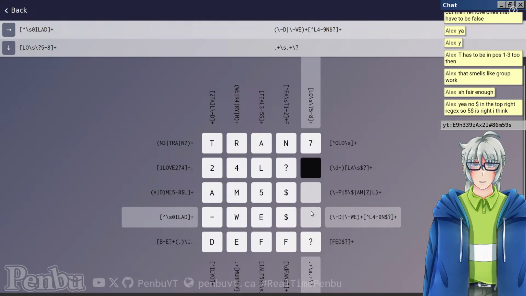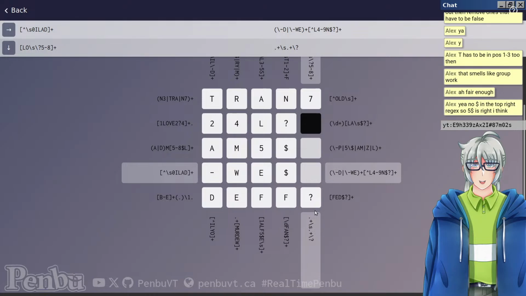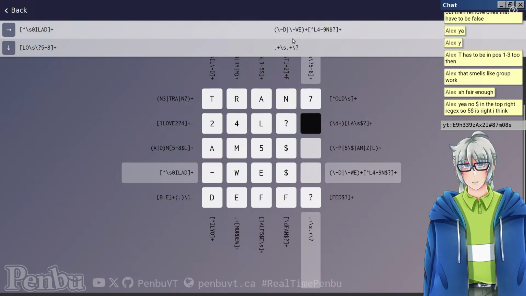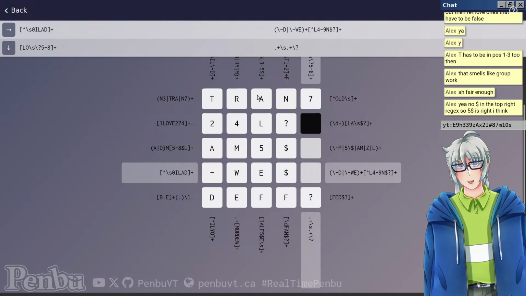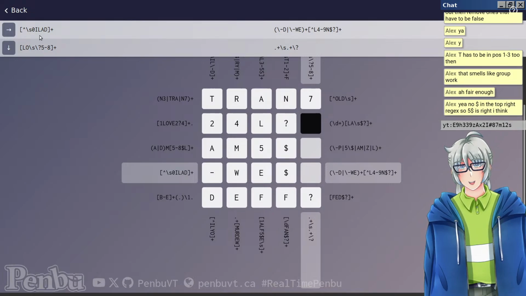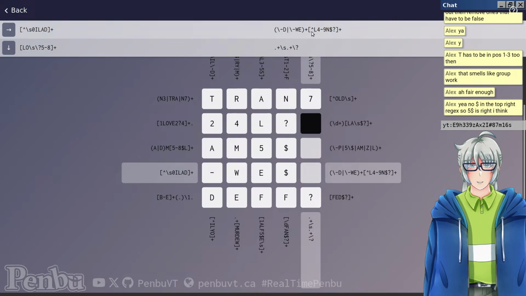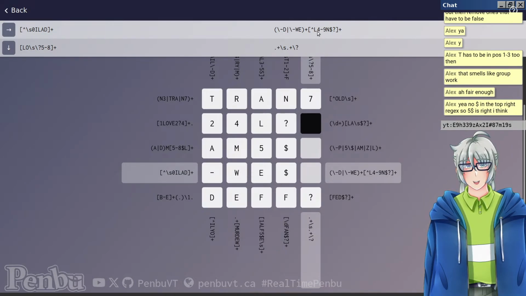Aha. Character sets. So we're already on the dot plus here, so that's not going to help us. And then we have a bunch of negatives. We have a negative set here, a positive set here, and then a negative set here as well.